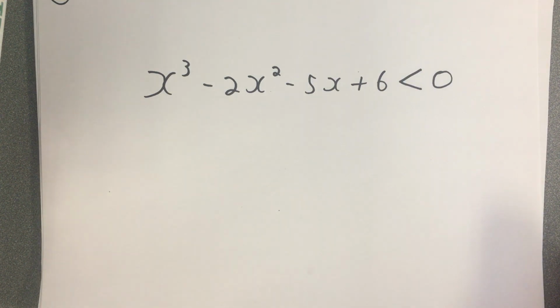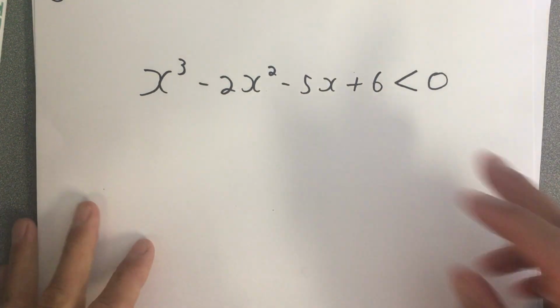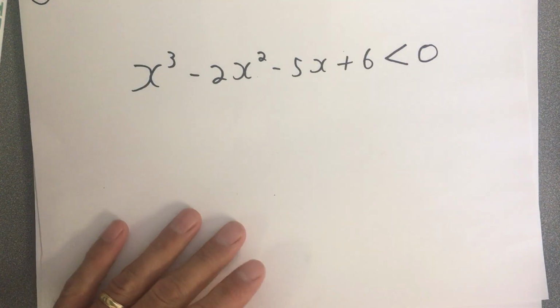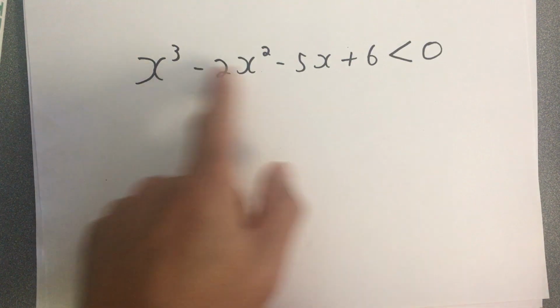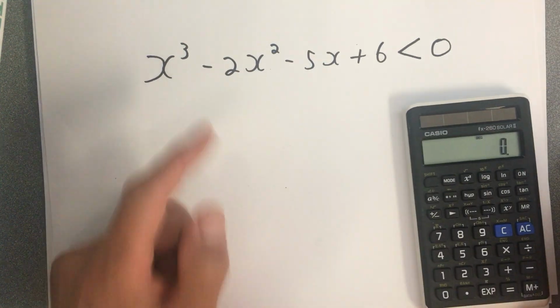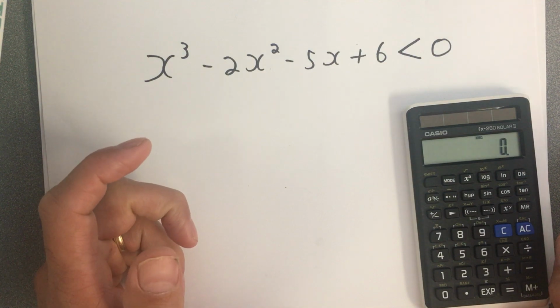Okay, so we're going to apply that same strategy to find out when this thing is less than, strictly less than 0. Okay, so to solve this, I'm going to guess my first root. So it looks to me like a 1 or a minus 1.